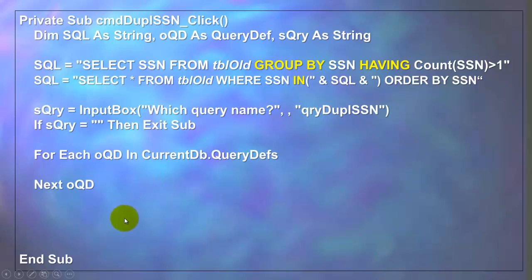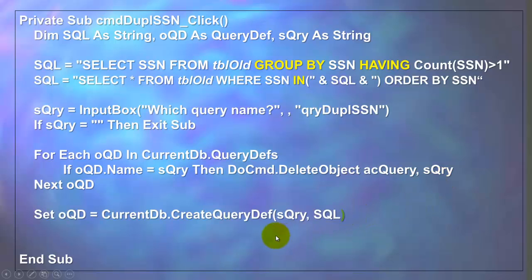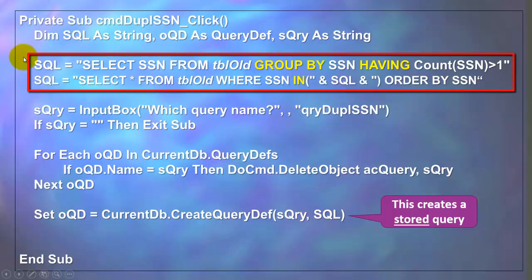If we find that name already, query duplicate SSN, we delete that object as query. Then we are going to create a stored query. In the current database, we create a query definition based on the name as query by using the SQL statement that we have shown here way on top.